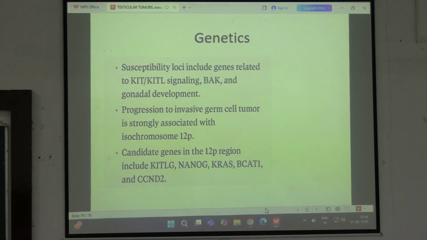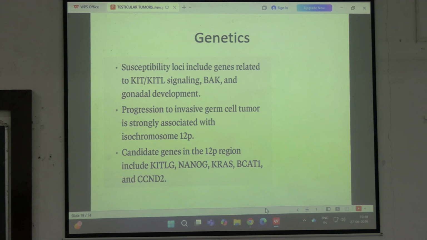Because most of the individuals develop invasive tumor from what? From, don't make me say it again, GCNIS. So when any individual has developed GCNIS in utero, and there is implication of this isochromosome 12p, then there is development of full-blown carcinoma, invasive tumor, okay?